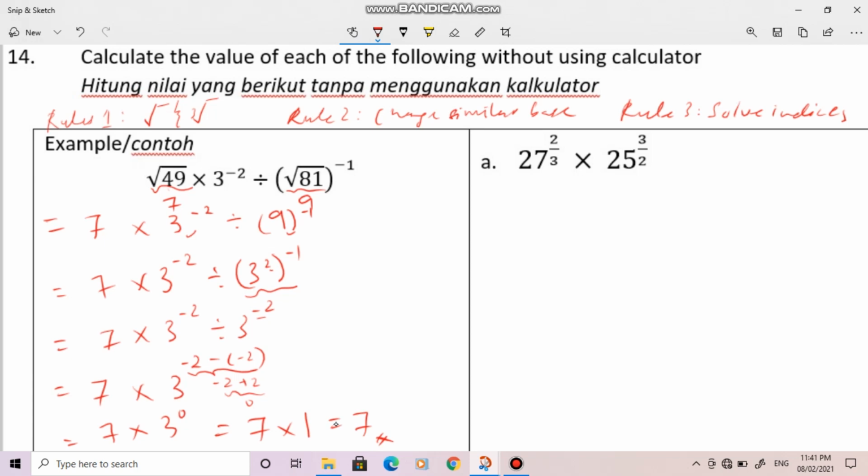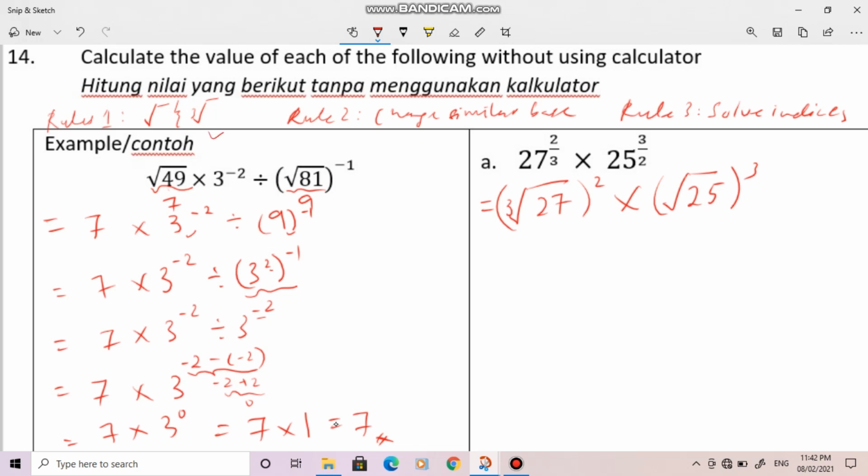Okay, example number 2. So first check, can you write this in terms of nth root of a power of m? Yes, right? So, cube root of 27 power of 2 times square root of 25 power of 3.